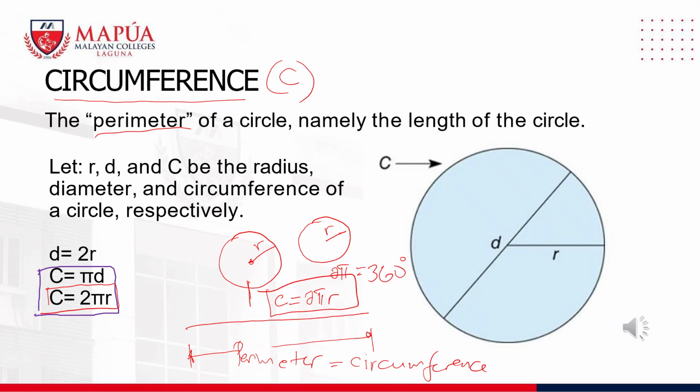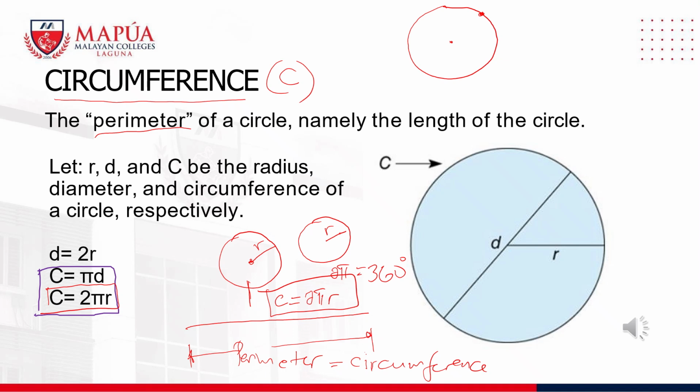By the way, class, talking about the circle, there are so many things that you need to learn about it. So just to give you a brief overview. If this is the circle, class, the circle has a center.